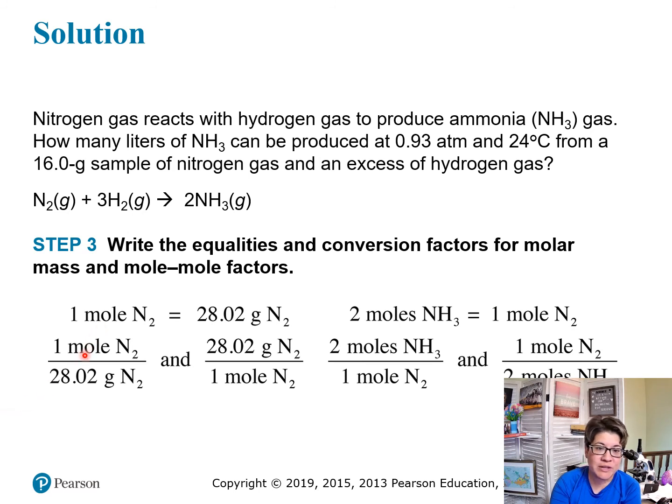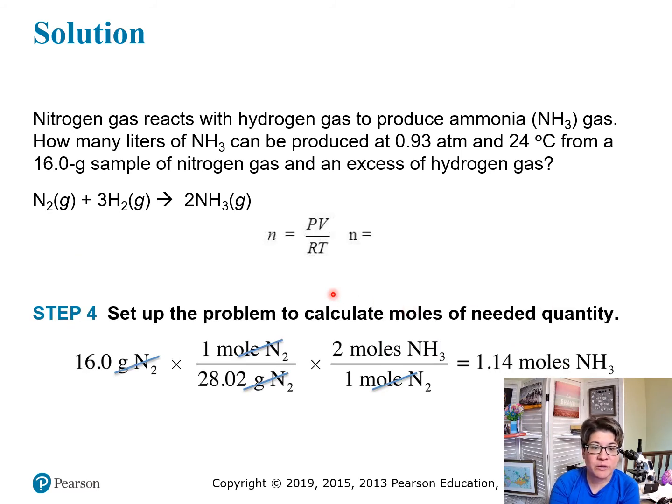Okay, so first we need some conversion factors. We need to know that 1 mole of N2 is 28 grams, so there it is back and forth. We need to know that 2 moles of NH3 is equivalent to 1 mole of N2 because there's 2 moles of NH3 and 1 mole of N2. So there's our conversion factors for those.